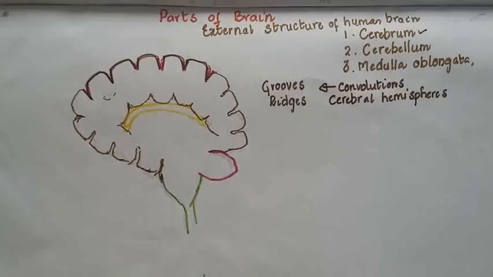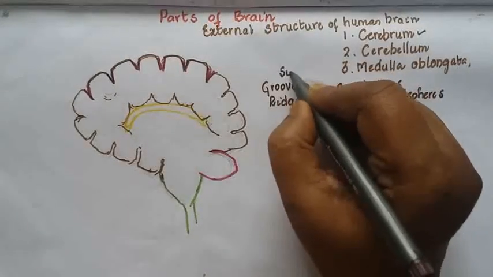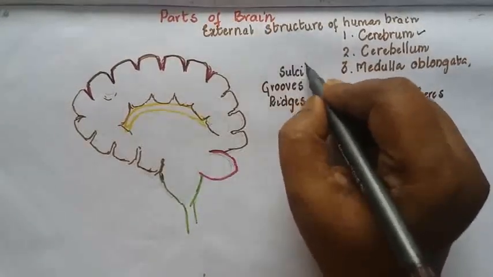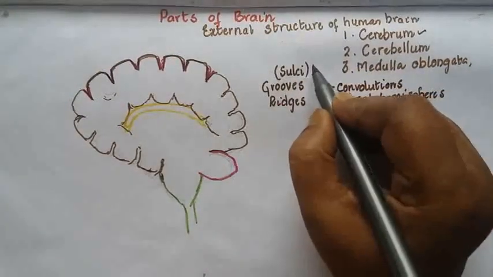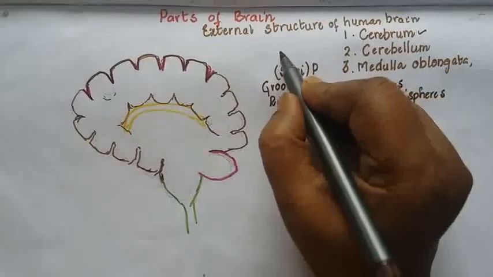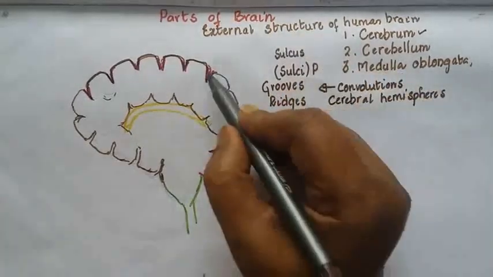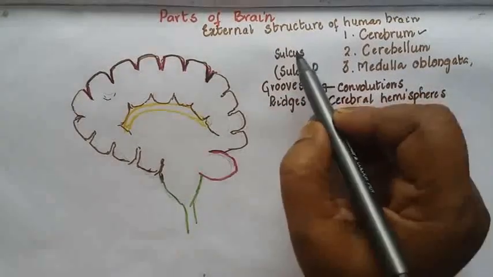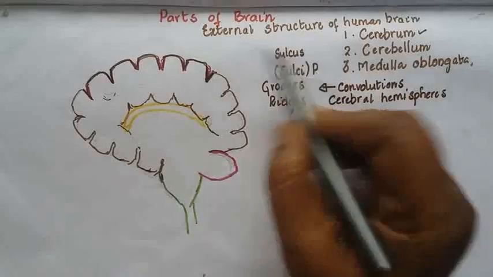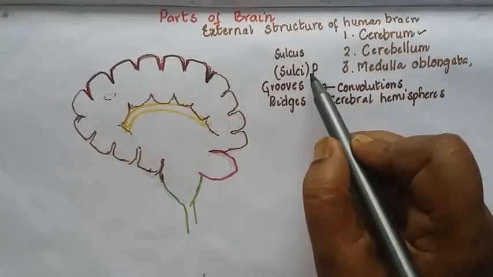So what do we call these grooves? The grooves are known as sulci. Sulci is the plural form. The singular form is sulcus. So each groove is known as a sulcus. A number of grooves are known as sulci.